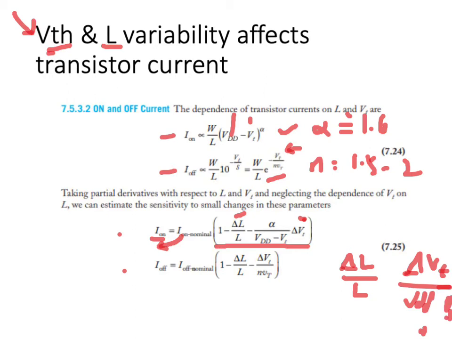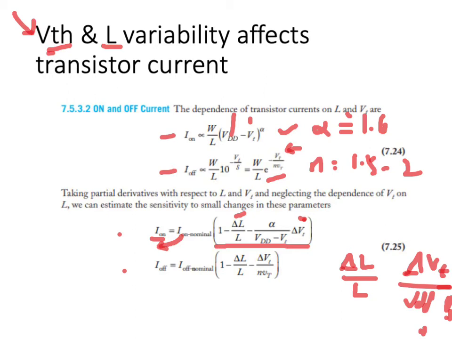when we go to fabrication technology, the variation in transistor channel length is sort of set by the resolution limits of your lithographic system. So it could be a couple of nanometers to a couple of 10 nanometers.